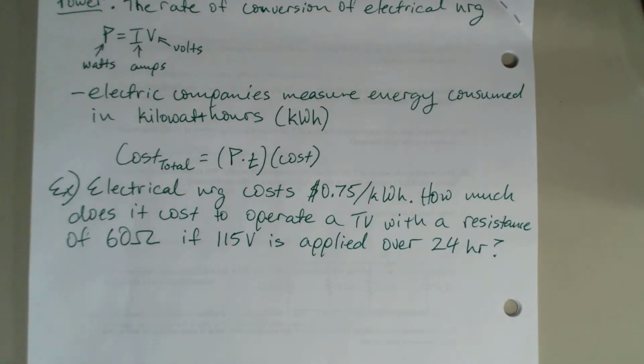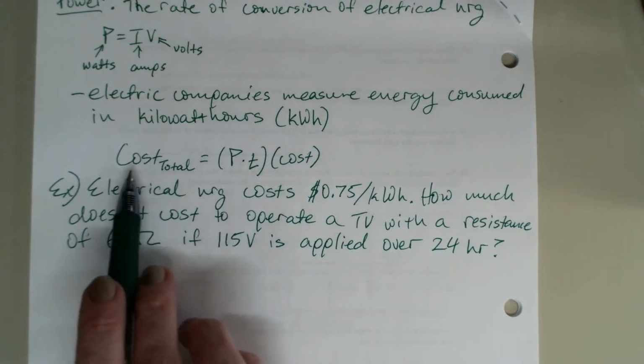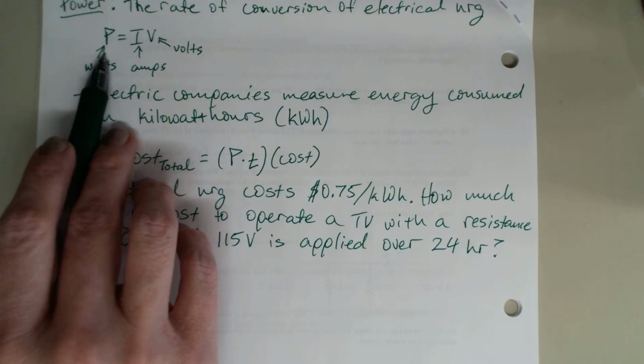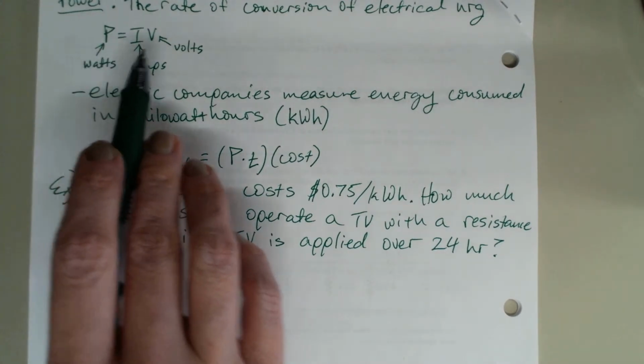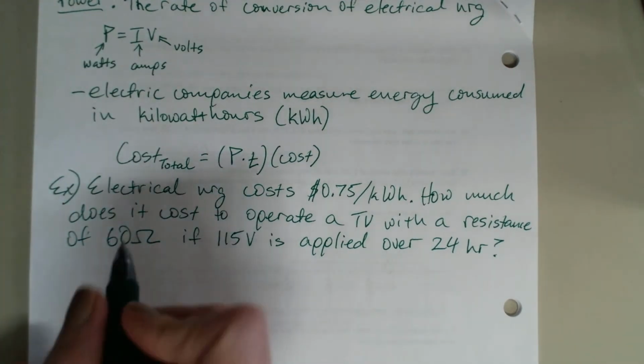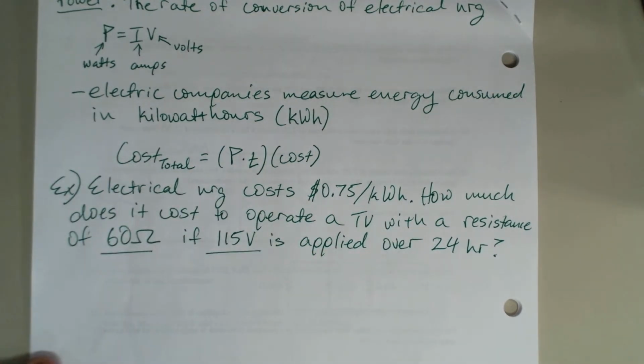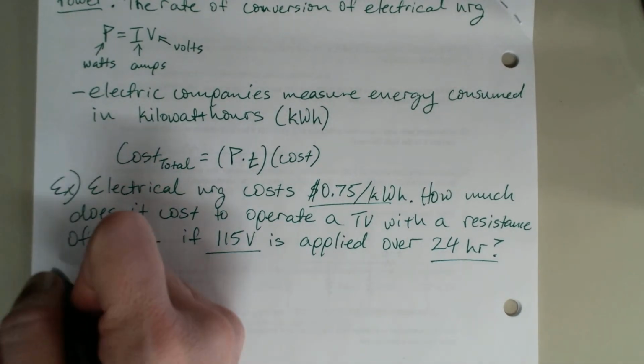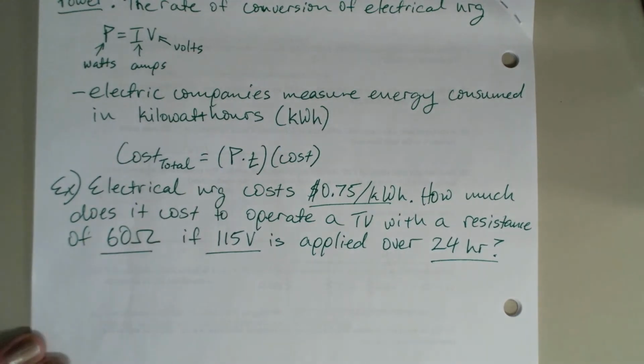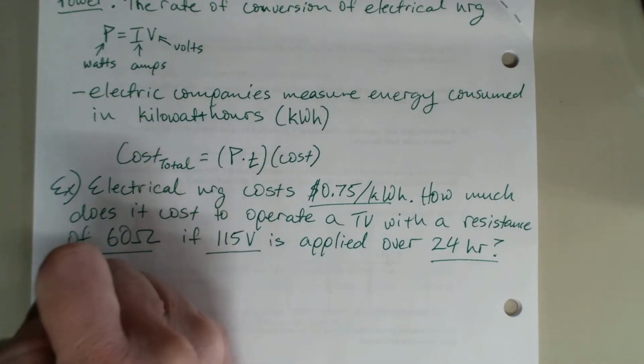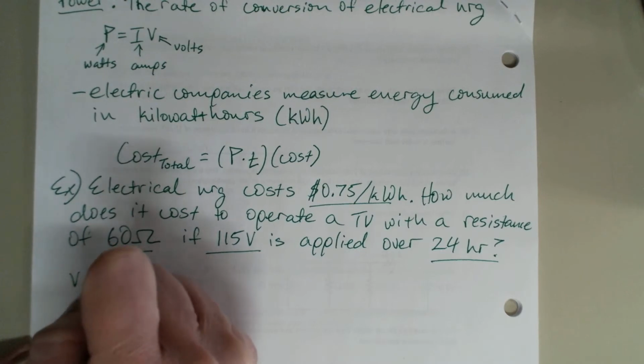So, first of all, we know that power equals I times V. Now, we need power to calculate cost, so we're going to have to calculate the power first. We are given R, and we're given V, and we're given time, and we're given our rate, how much it costs per kilowatt hour. I don't have I, so I can't calculate power without I. So I'm going to have to use Ohm's law first. V equals IR.